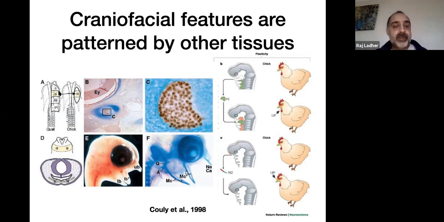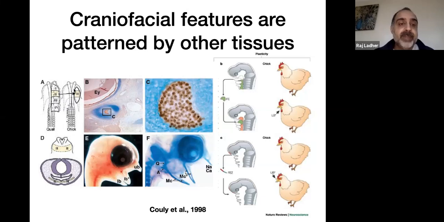And so the endoderm, remember, is underneath all of these structures. It's forming these cores within the branchial arches. And what has been done is to take various strips of endoderm and transplant them into ectopic locations.